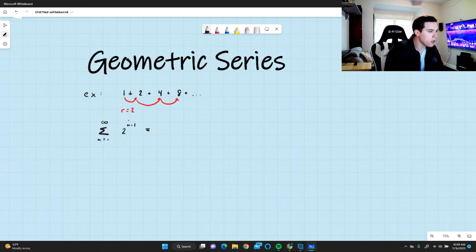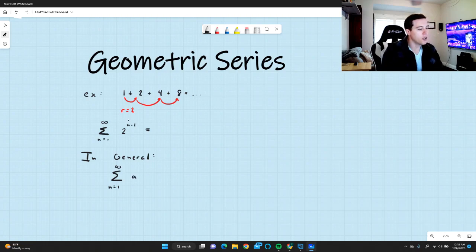So let's put it in general. You'll often see it look like this: n equals 1 to infinity. Sometimes you'll have a coefficient. In this previous problem, we did not. But the trick will be right here. You'll have r to the power of k or n. So we'll stick with n.